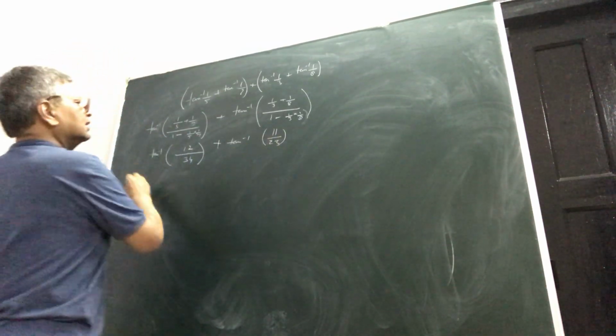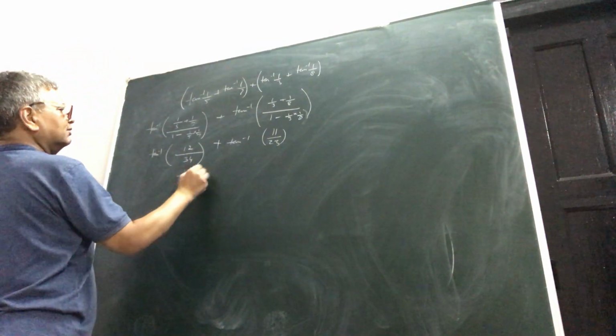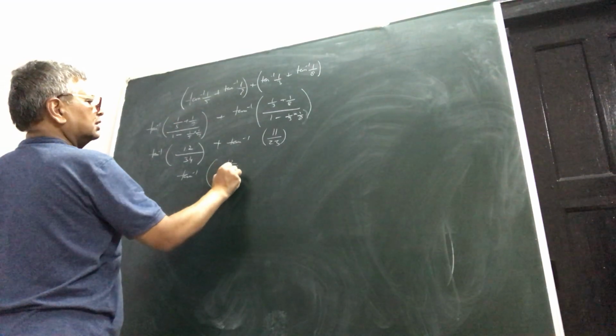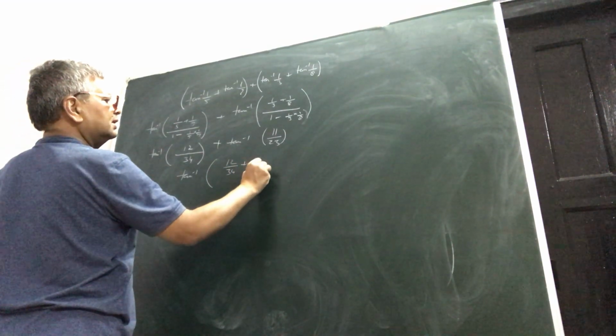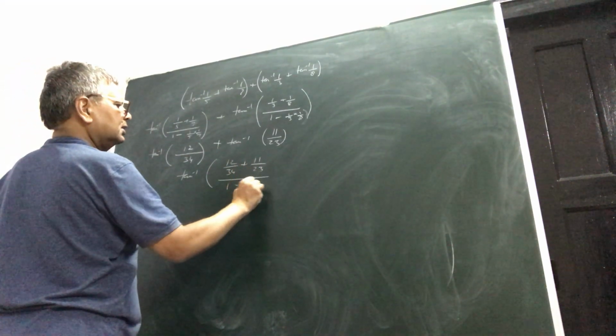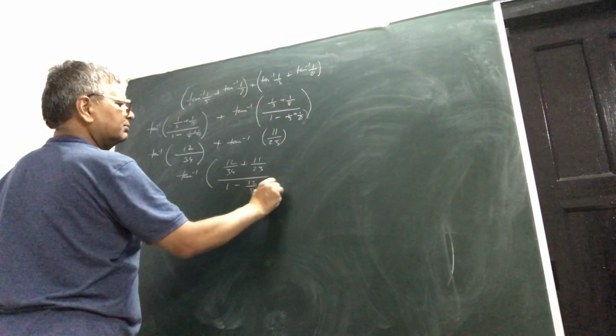Now this will fetch me tan inverse 12 upon 34 plus 11 upon 23, upon 1 minus 12 upon 34 into 11 upon 23.